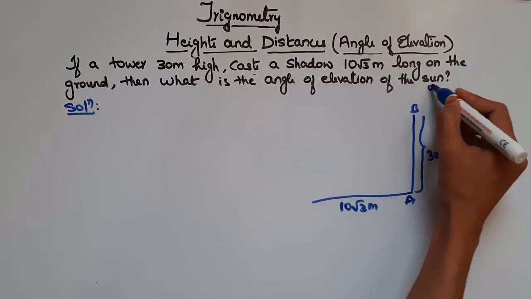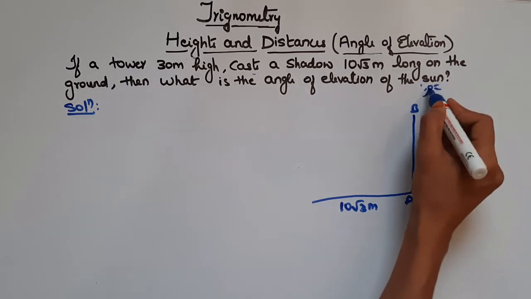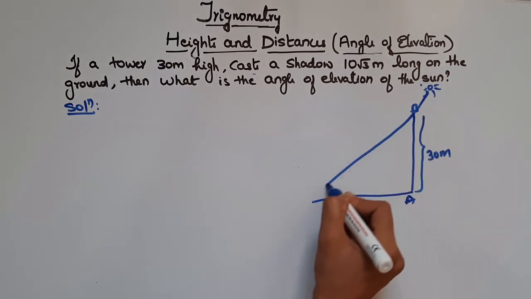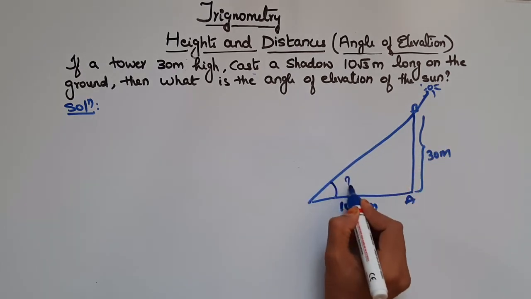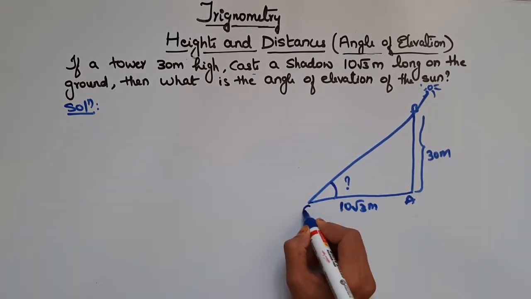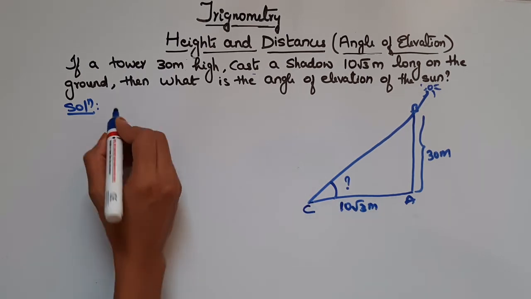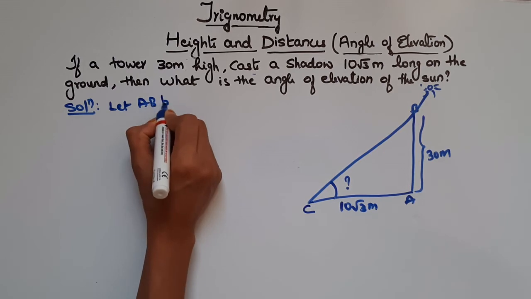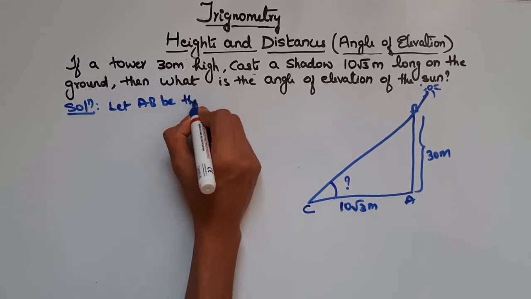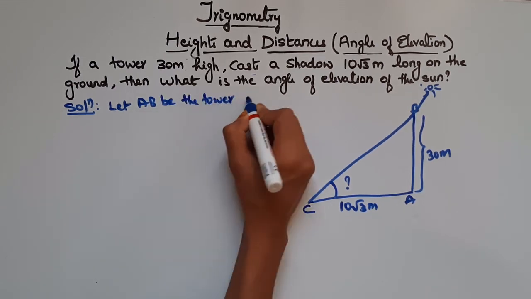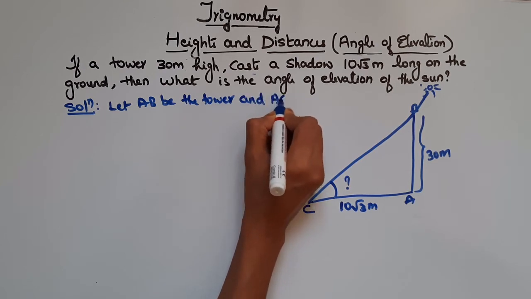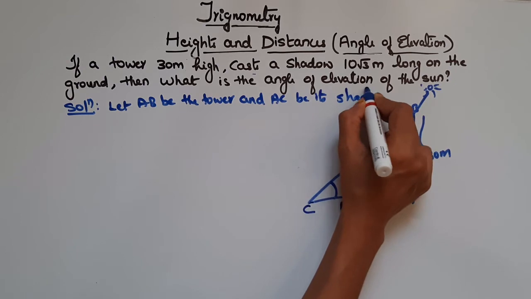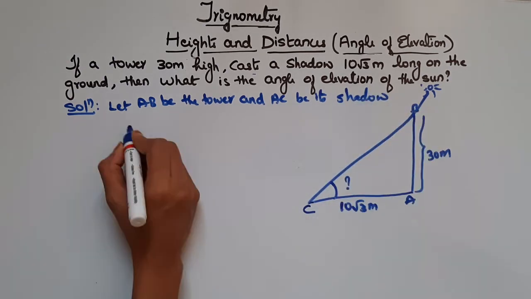Then what is the angle of elevation of the sun? The sun is here. Imagine your sun is here. So angle of elevation is this angle, right? So let's take this point as C. Let's write this in words. We have, let AB be the tower and AC be its shadow. Alright.